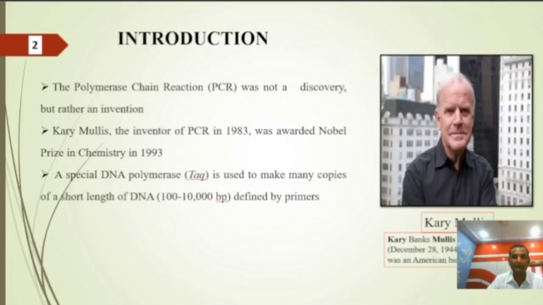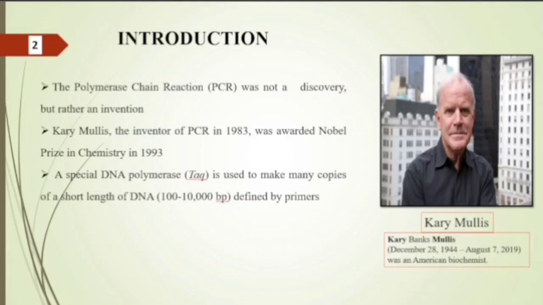Next, introduction of polymerase chain reaction. The polymerase chain reaction was not a discovery rather than an invention. Carey Mullis, the inventor of PCR in 1983, was awarded Nobel Prize in Chemistry in 1993.